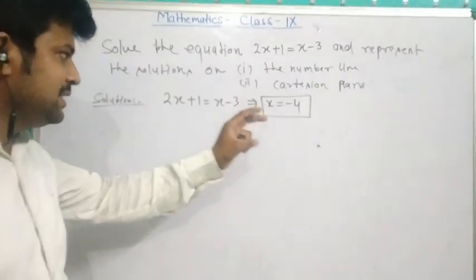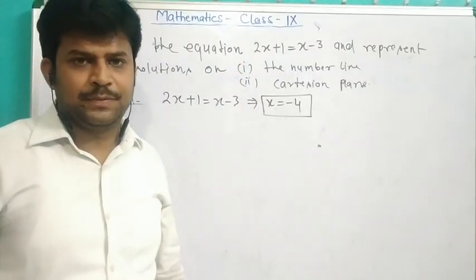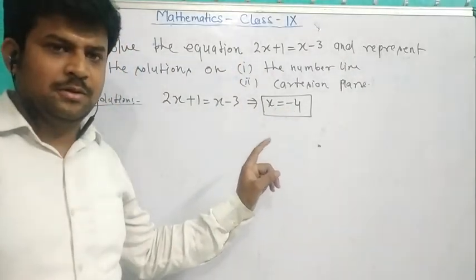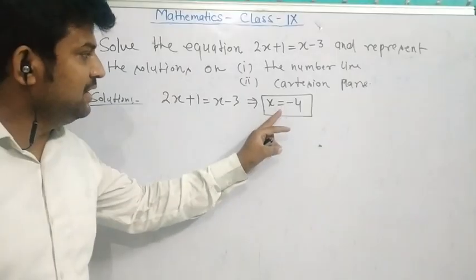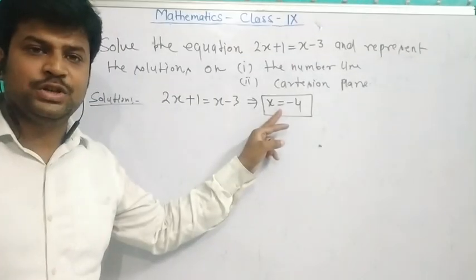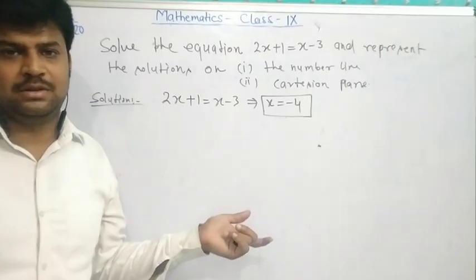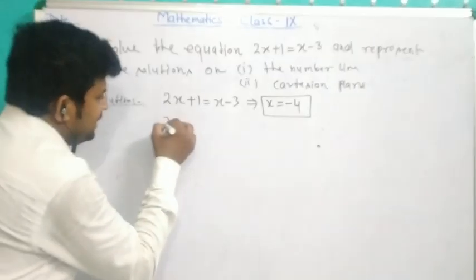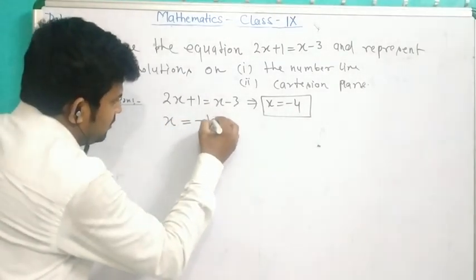Okay, x is equal to minus 4. This is a linear equation, but we convert it into the form of a linear equation in two variables. Okay, we can write x is equal to minus 4.